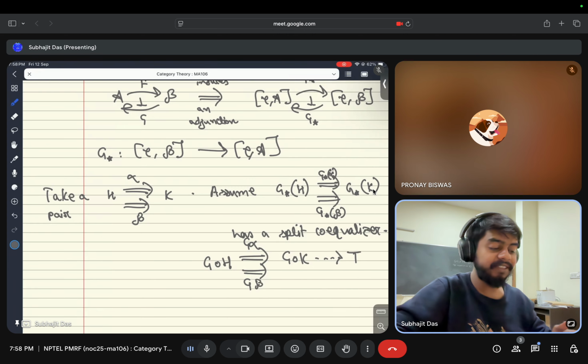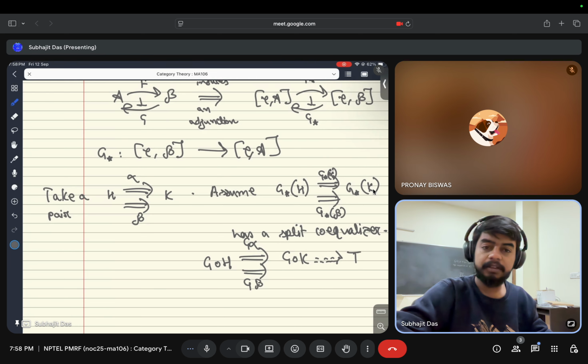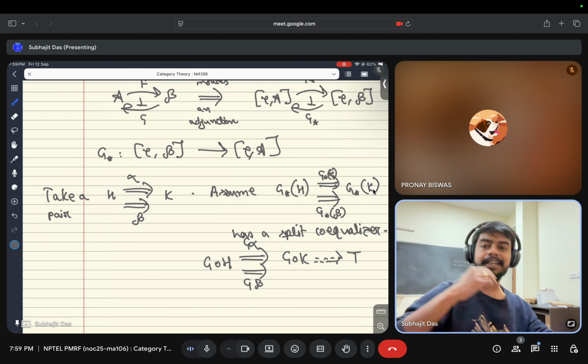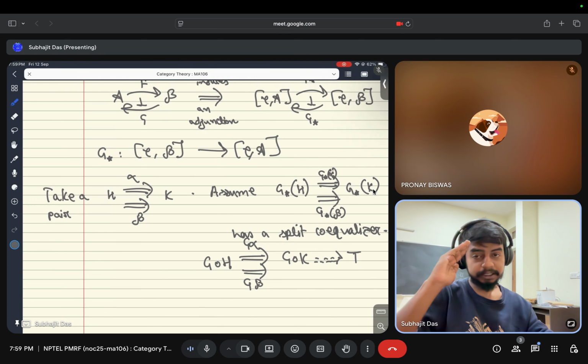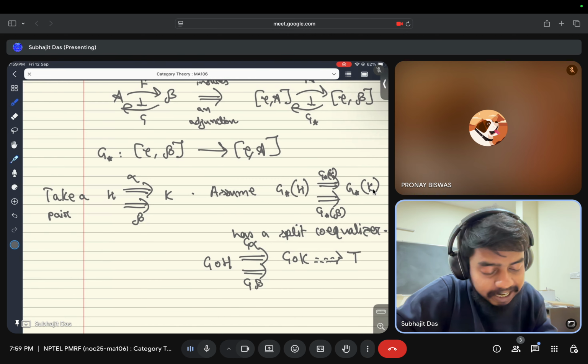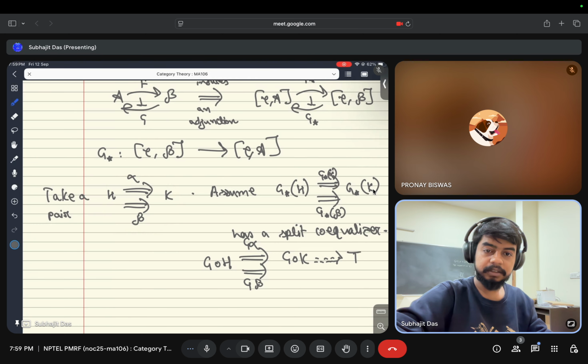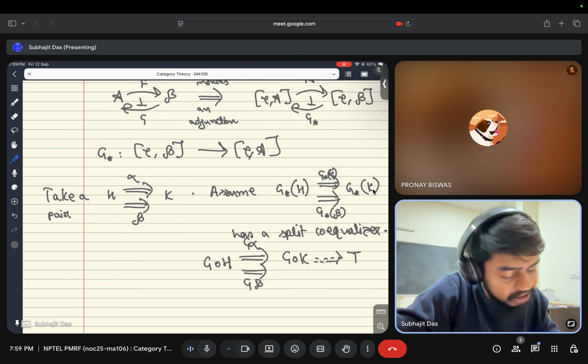So what we want to show is that G star creates a co-equalizer. That's all that we want, right? This original diagram should have a co-equalizer. So we know that this is a split co-equalizer.